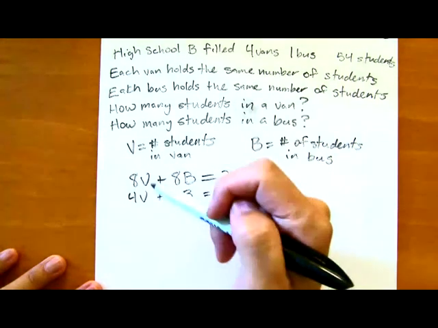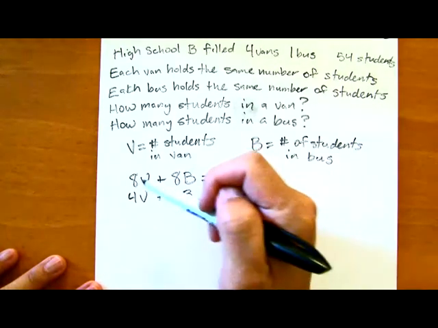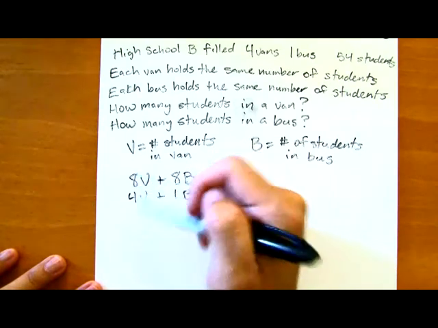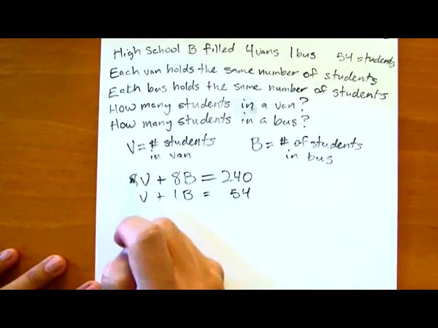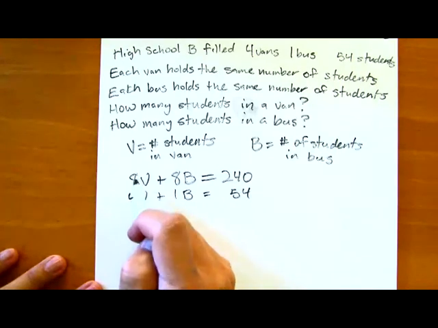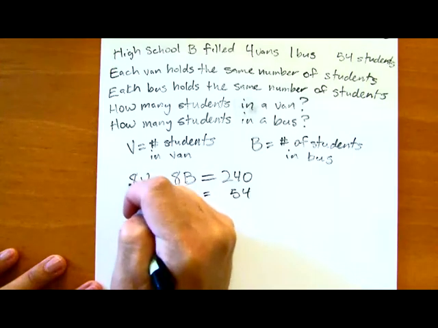We need to get rid of one of the variables, make it so that the coefficient is same number, different sign. Let's get rid of the V. We need these numbers to become the same. I can change the 4 to an 8. This is positive 8, so I need this to be negative.